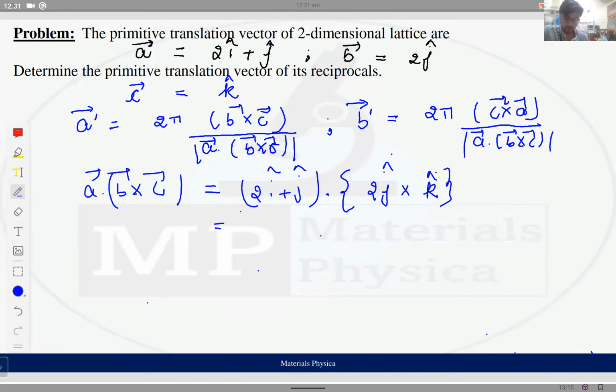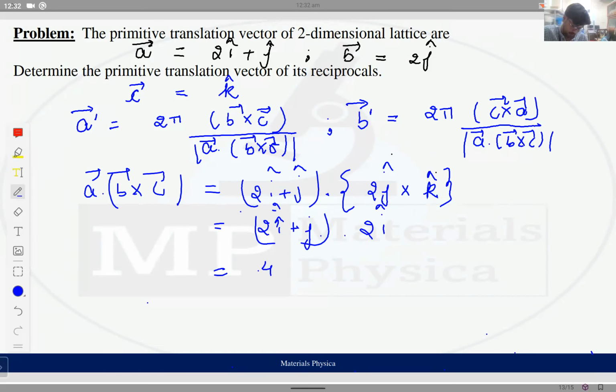So 2j cross k, we know j cross k is i, so it will become 2i. Then 2i plus j dot 2i. When we take the dot product, i dot i is 1 and i dot j is 0. So it will become 2 into 2, that is 4. So the volume of this unit cell is 4.